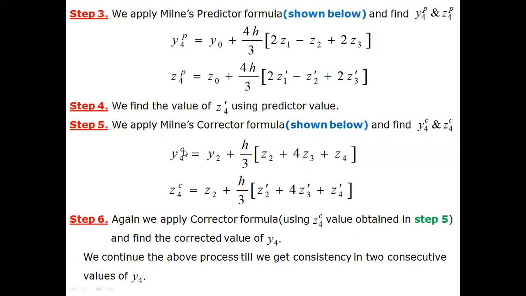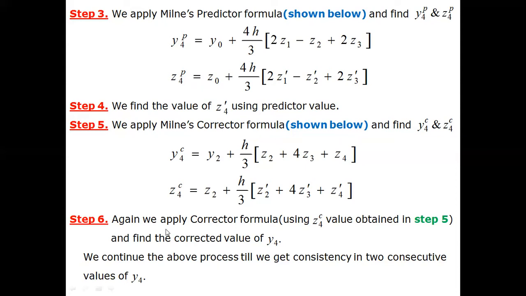So in this y4c relation, all these things you can get from the table. But this value you can use from the step 5 corrector value. So substitute that value along with all other values and simplify. You get the corrected value once again. So this is how we can calculate the corrected value the second time.